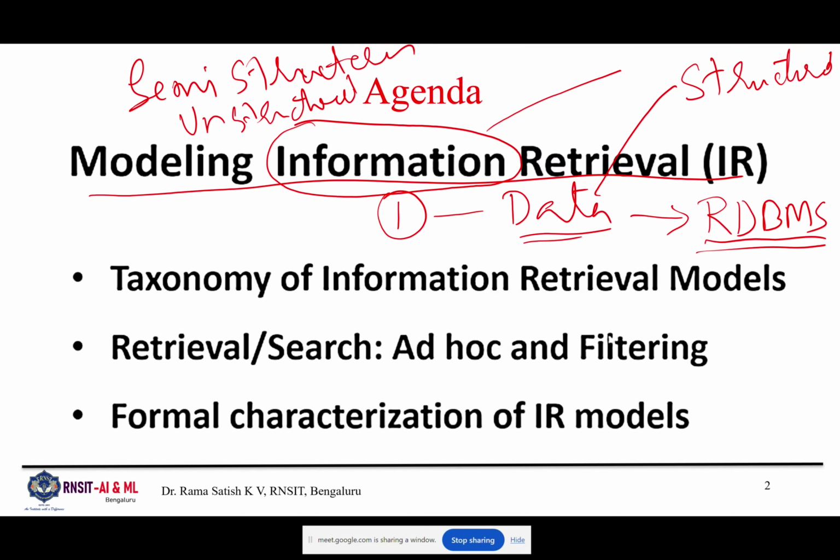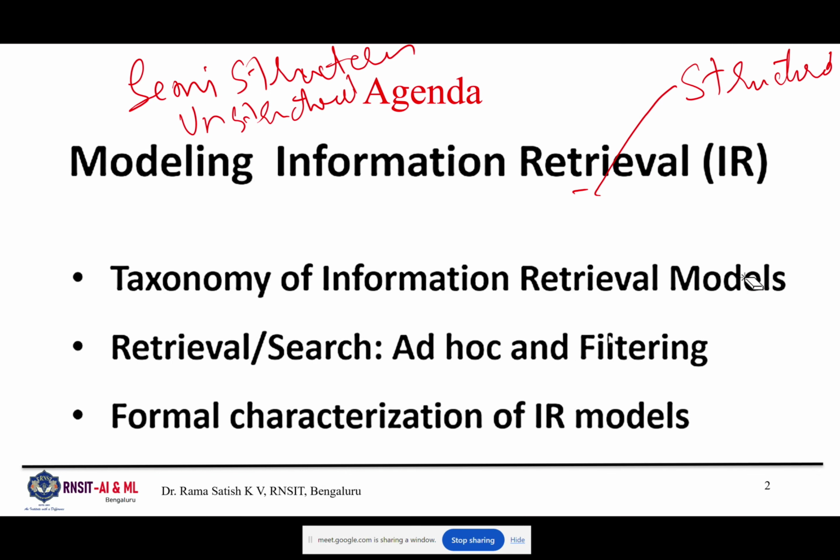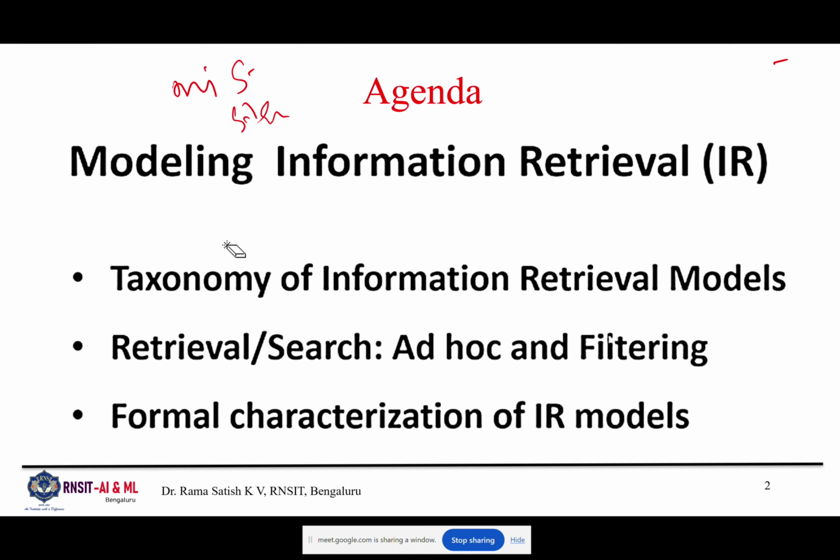Here we discussed how the information, in the form of a document, is stored in the repository and how it is retrieved, which we saw in yesterday's class. Today, in continuation, we will discuss three things: the taxonomy of information retrieval models.